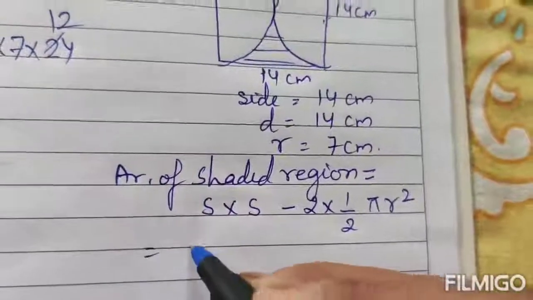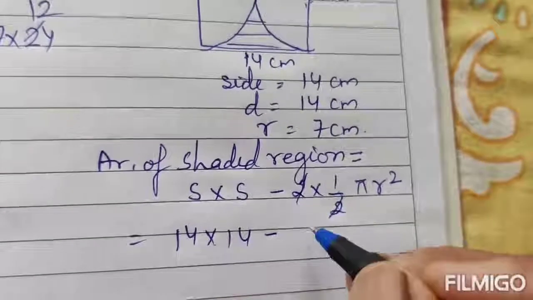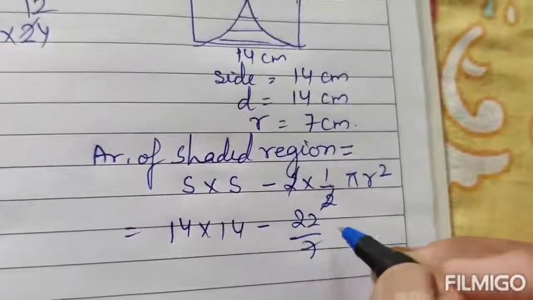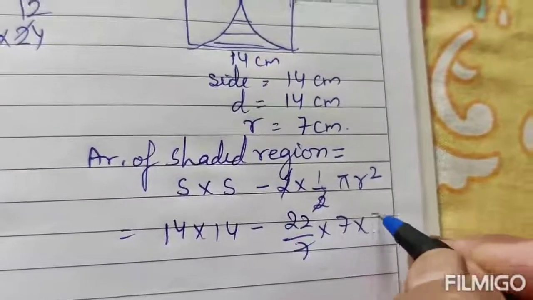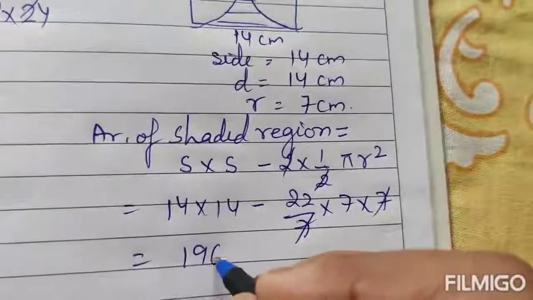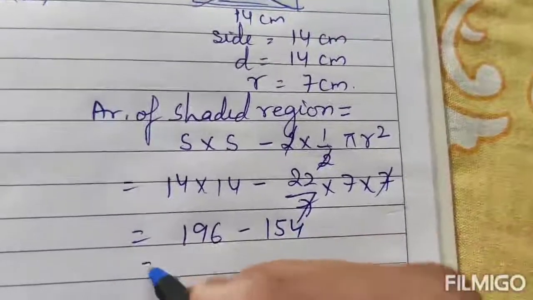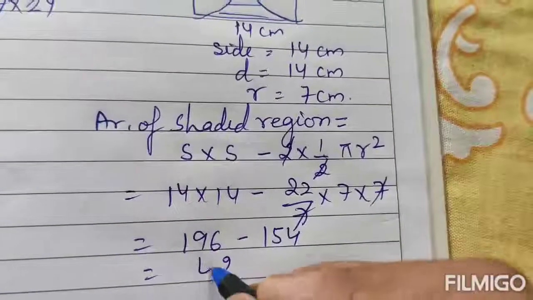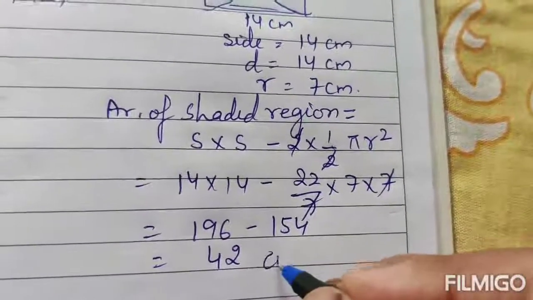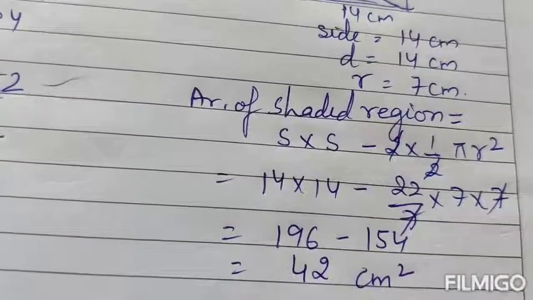Put the values: 14 into 14 minus, cancel 2, pi is 22 by 7, r is 7 into 7. 14 into 14 is 196 minus 154. 42 centimeter square. This is the area of the shaded region.